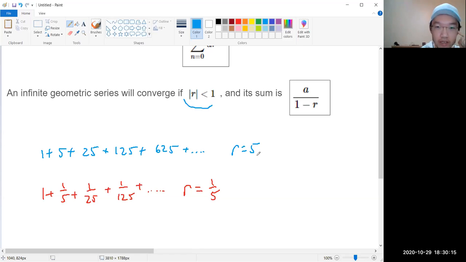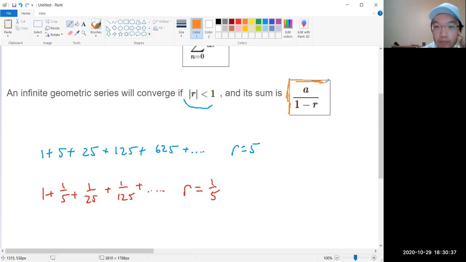All right, and then if it converges, then it has to have a finite number as a sum. So what is that number? There's a formula here that tells you the sum of a converging geometric series. It's right here. I will label it in orange.